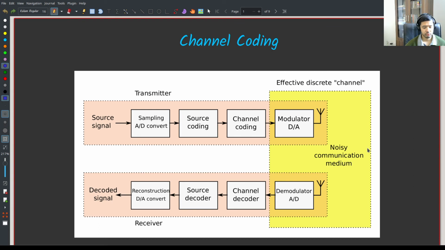Now we'll move to a seemingly completely different topic, which is how do you communicate reliably in the presence of noise, right? It would seem that these are almost completely unrelated problems, but it turns out that the underlying quantities are very closely interlinked to one another.